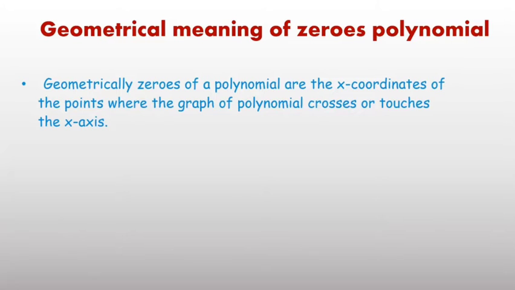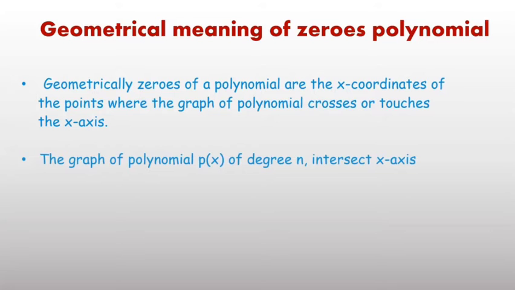If you draw the graph of a polynomial and it intersects the x-axis at 2 points, 3 points, 4 points, then at those points the x coordinate is known as a zero of the polynomial.